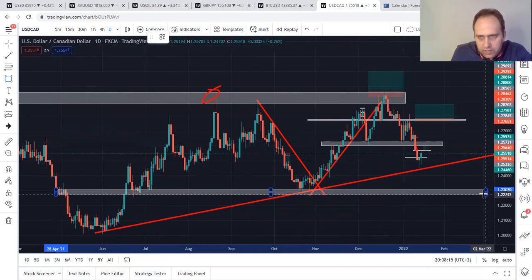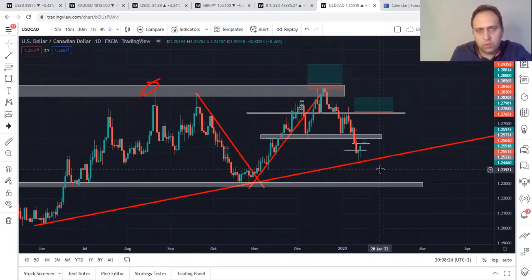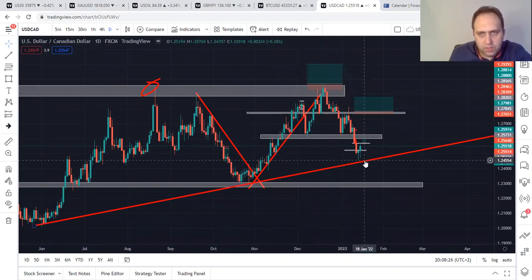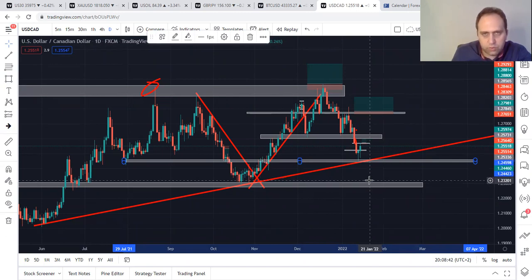And we need to break again this support and this trend line, 1.2431 down to 1.2322. Put it in mind. We won't put it in the weekly overview. If it breaks this trend line with a candle closing beyond it, it breaks the low. If it breaks this low, okay, this one we won't put, but we can have a sell from 1.2429 till 1.2320 almost. Keep this in mind.